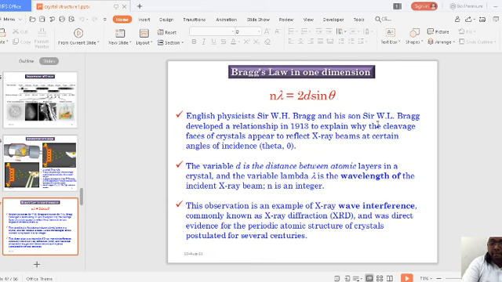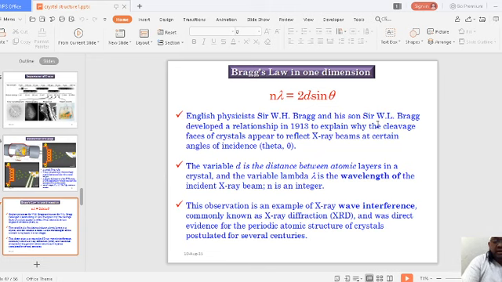Whenever X-rays are incident on a plane containing atoms placed in a periodic manner inside the crystal, at different angles we get a reflection phenomenon, which we represent with respect to theta.